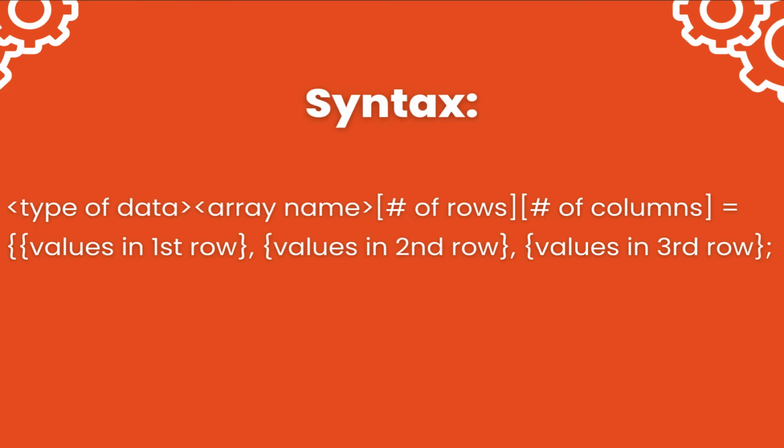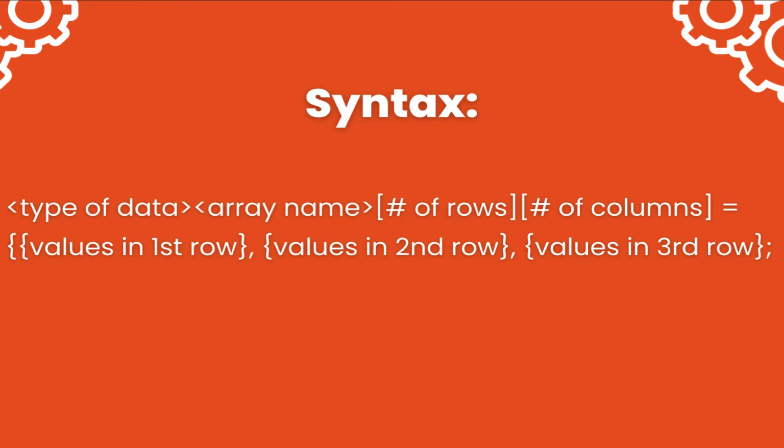In other words, for each row that you want to fill, you would open a new pair of braces inside the first pair of braces, and then write all the values for that row inside that new pair of braces. Then, to fill the second row, you would open another pair of braces inside the first pair of braces. This pair would be next to the braces for the first row.